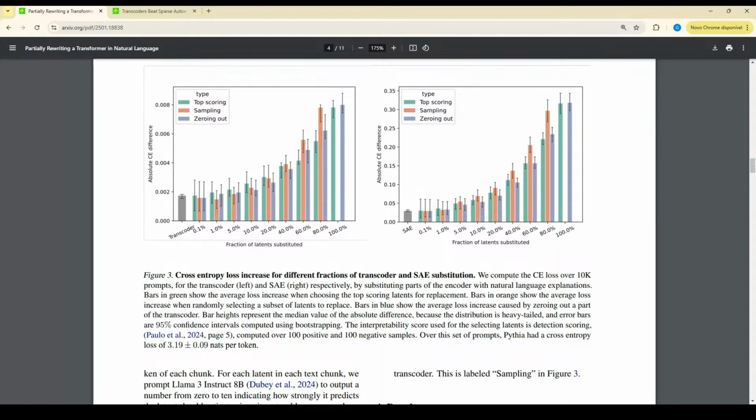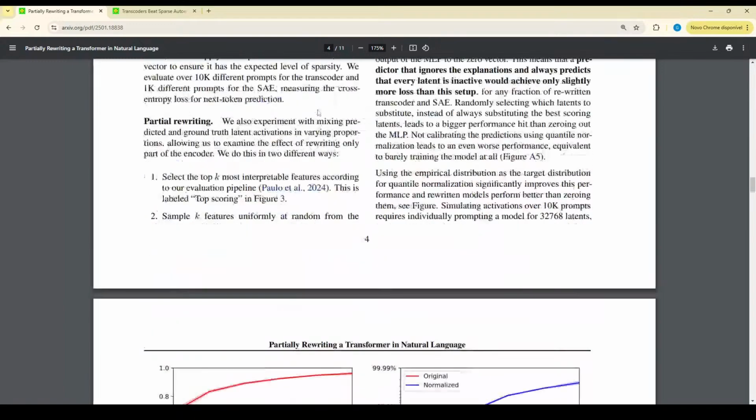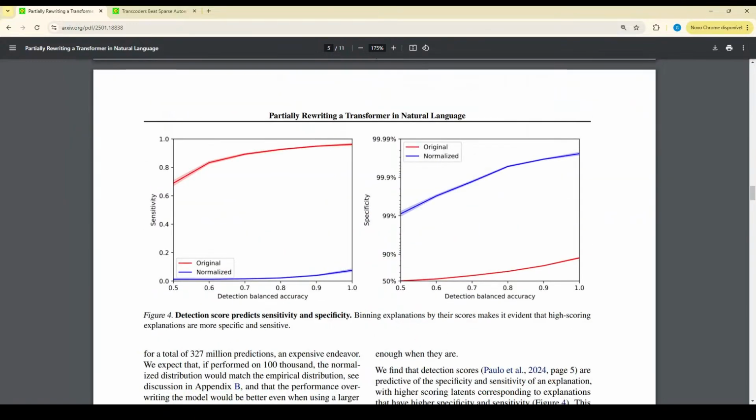So because of the scores that we have, we know that these explanations are not the correct explanations because the scores are too bad. But we are still using them to predict just because we don't have better explanations. The purpose of this pipeline was to make everything automatic.